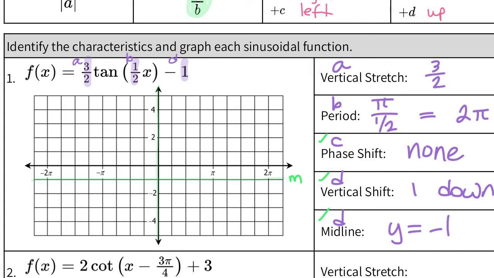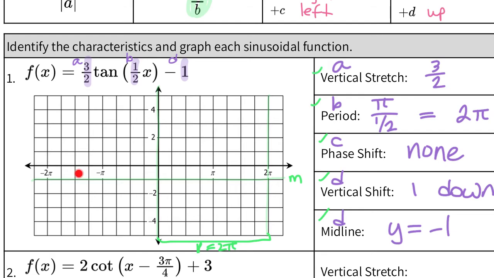Okay, period is 2 pi wide. So starting from the 0, you want to finish your period 2 pi units away. So that's right here. It's even labeled 2 pi. I'm going to write this at the bottom as well. P equals 2 pi. Okay, and then last, the vertical stretch is 3 over 2.